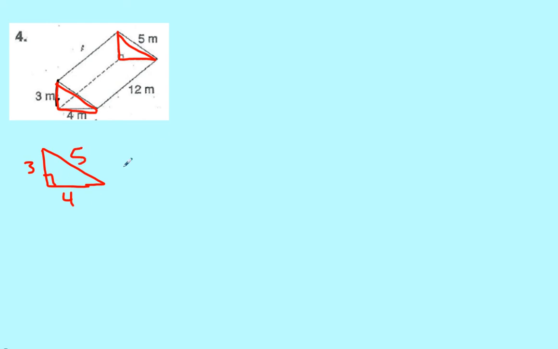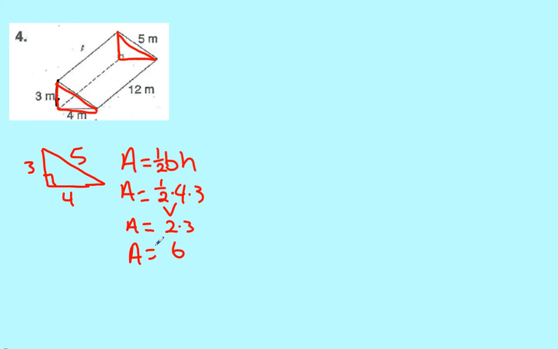So area of a triangle is 1/2 base times the height. So our base and height have to meet at the right angle. So it's got to be 1/2 of 4 times 3. And this 5 we're not going to use right now. So half of 4 we can say is 2 times 3 is 6.